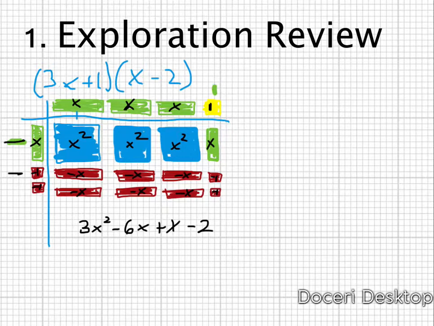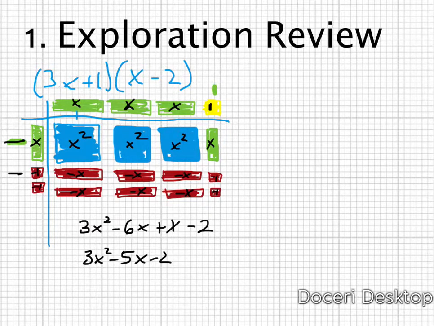Now I combine like terms, so this gives me 3x squared minus 5x minus 2. So if I were to multiply 3x plus 1 and x minus 2, that's the same as 3x squared minus 5x minus 2.